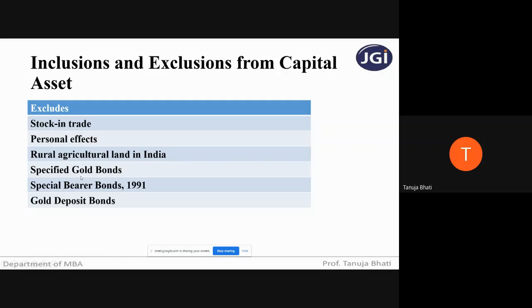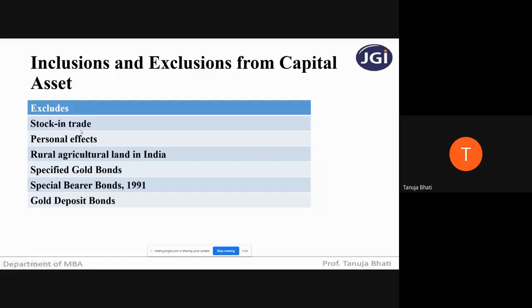So these are the items which are not falling within the definition of capital assets. So if in exam it is given that a stock in trade has been sold, you have to consider this as income from business or profession and not as capital gain. Why? Because capital asset is excluding all this. So capital asset does not include stock in trade.